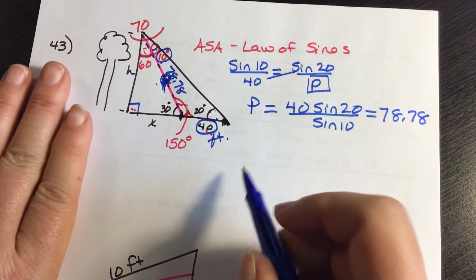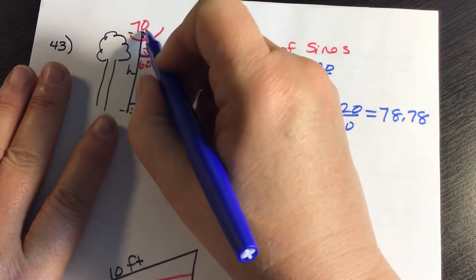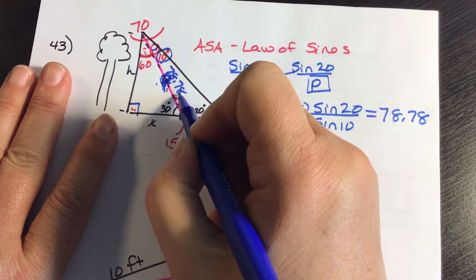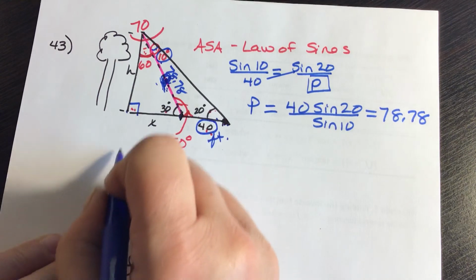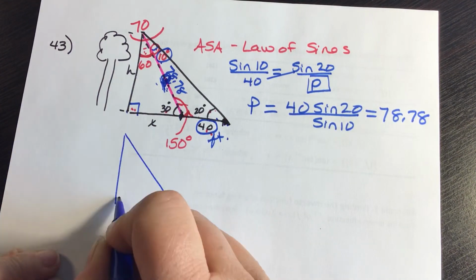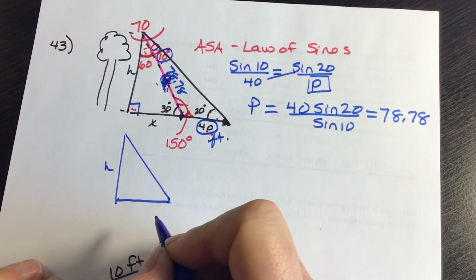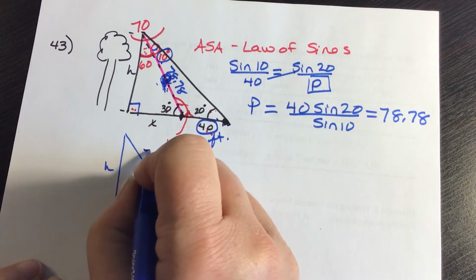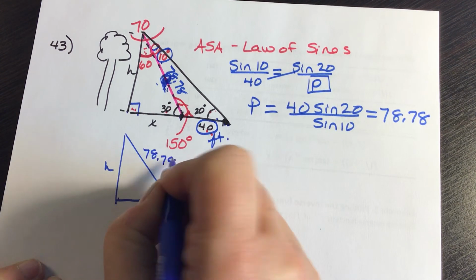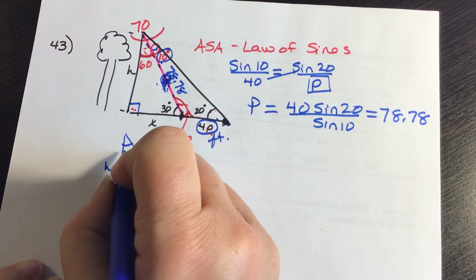So if I just look at this triangle, this might be helpful. I know this side is 78.78, and if I use this right triangle here, this is H, this is a number we don't know, this is 78.78, this is 30, and this is 60.